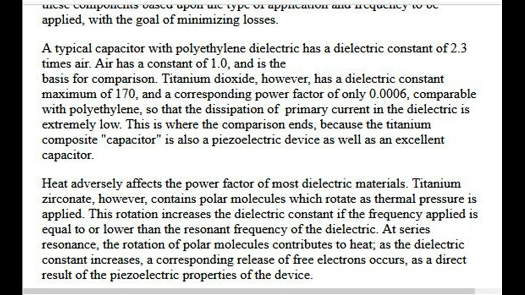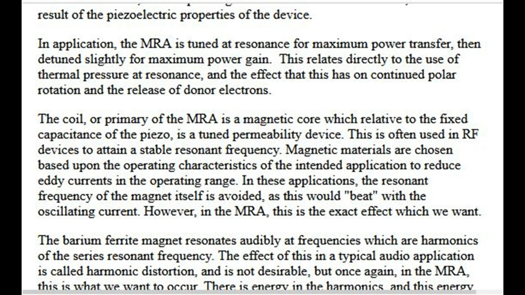This rotation increases the dielectric constant if the frequency applied is equal to or lower than the resonant frequency of the dielectric. At series resonance, the rotation of polar molecules contributes to heat. As the dielectric constant increases, a corresponding release of free electrons occurs, as a direct result of the piezoelectric properties of the device.